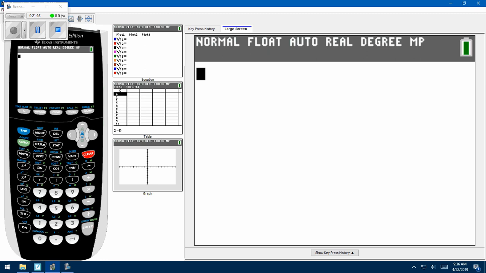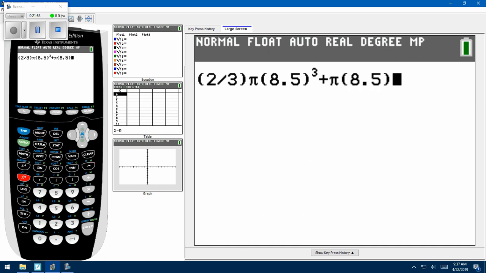All right, let's see if I remember all these numbers, by the way. It's going to be 2/3 pi r cubed. So 2/3 pi times the radius, which was 8.5 cubed. So there's my hemisphere, plus the volume of the cylinder, which was pi times radius squared, 8.5 squared, times the height of 25.